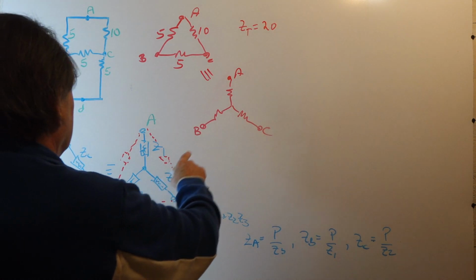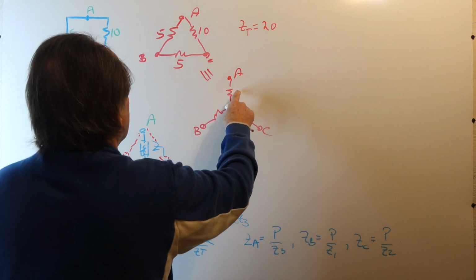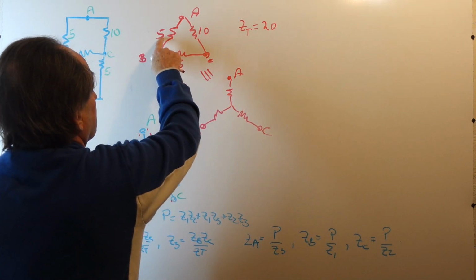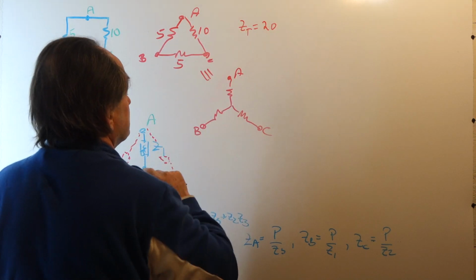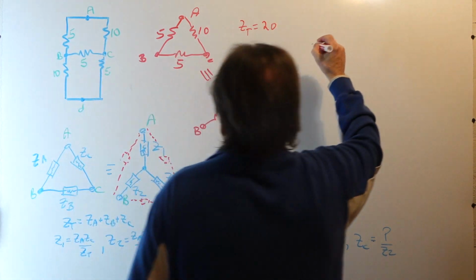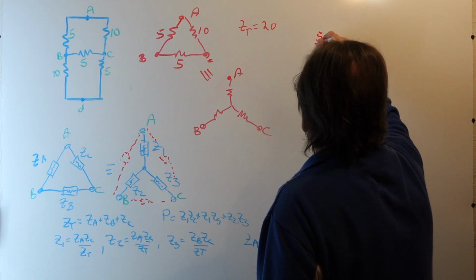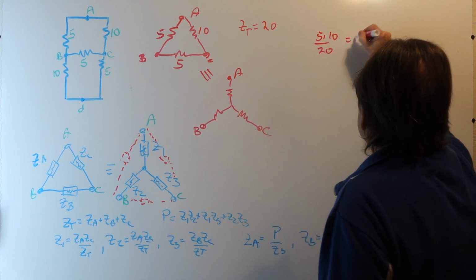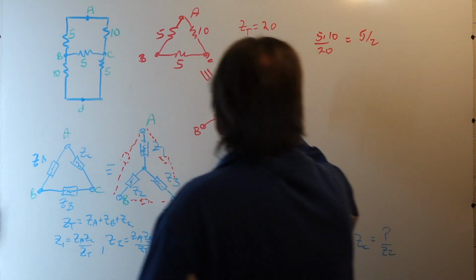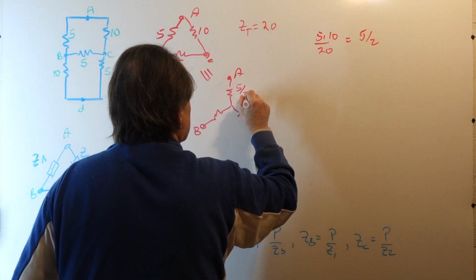I want to find Z1. Well, Z1 is the product of 5 and 10 divided by ZT. So let's take 5 times 10 divided by 20, and we see 5 halves. So this value is 5 halves.